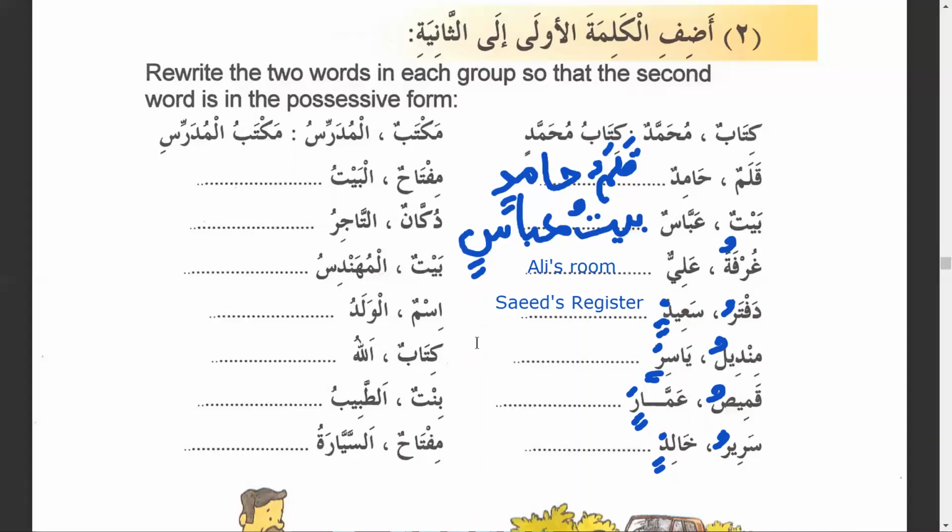Mindilu Yasirin: Yasir's napkin or handkerchief.